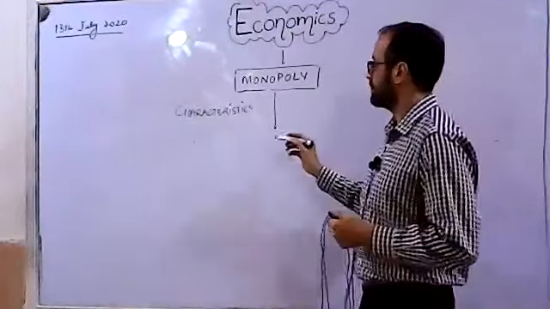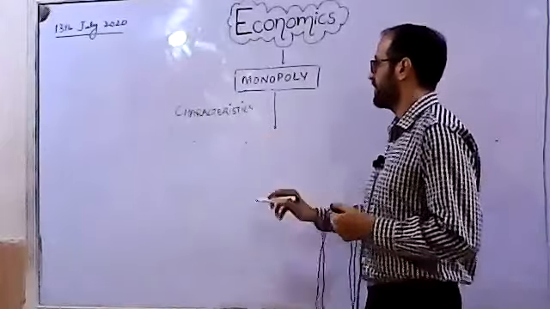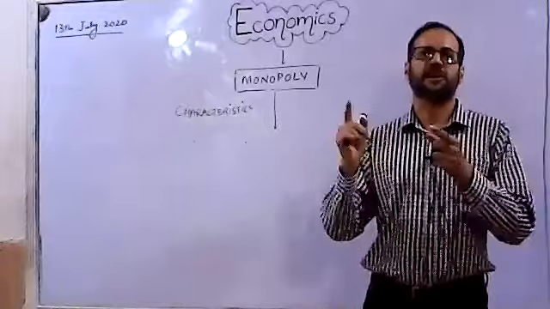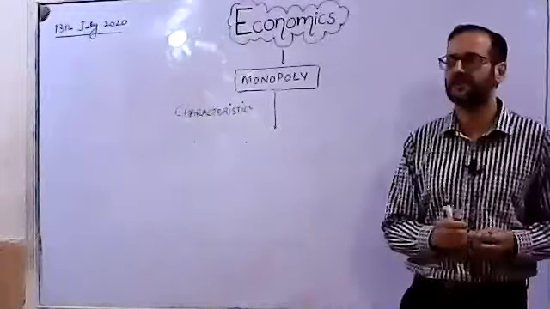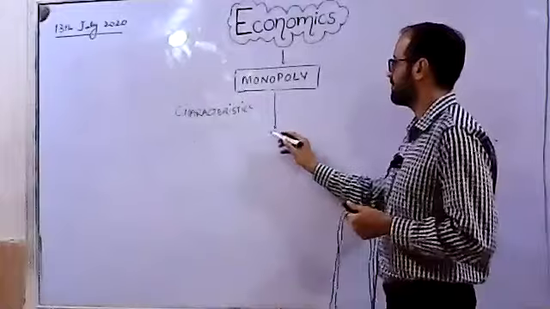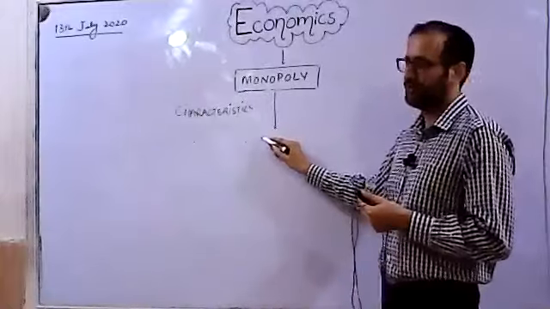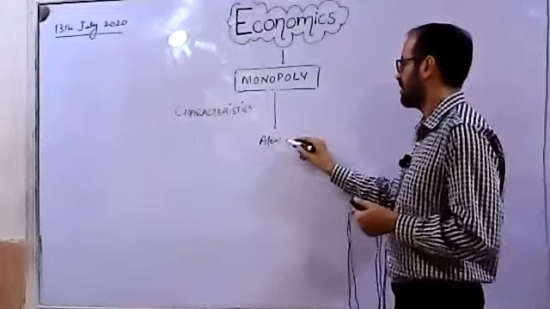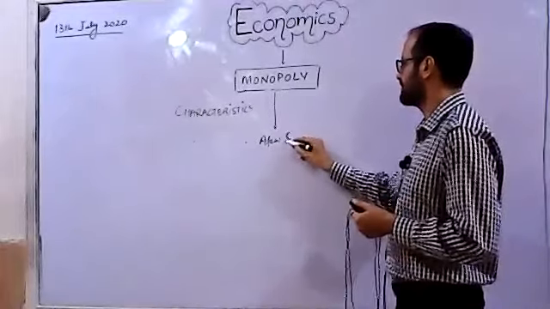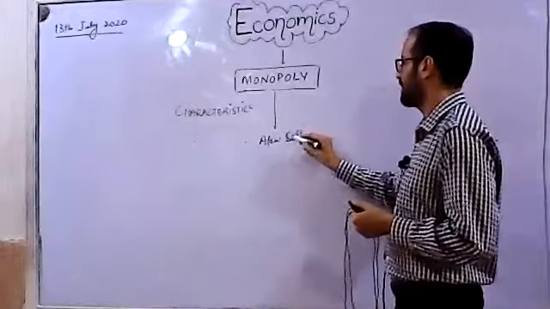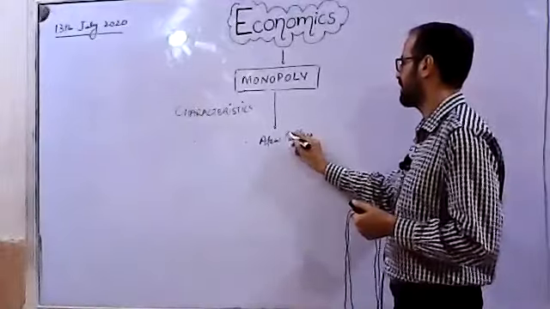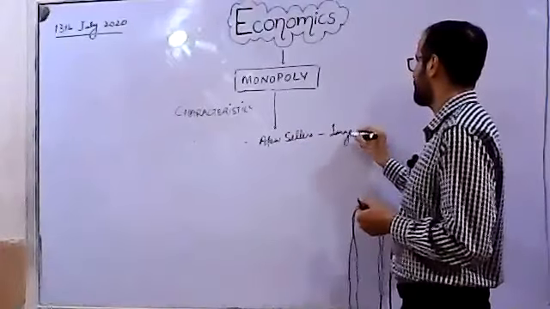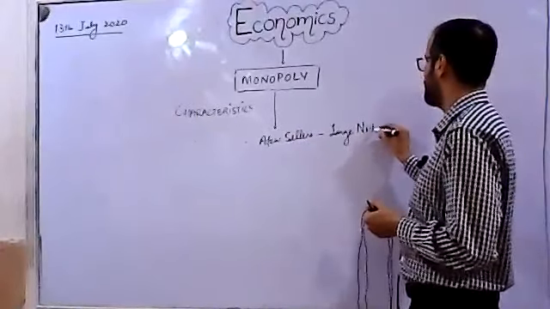Starting with point number 1: we saw previously that in perfect competition there are a large number of buyers and a large number of sellers, but over here we have very few sellers but a large number of buyers.